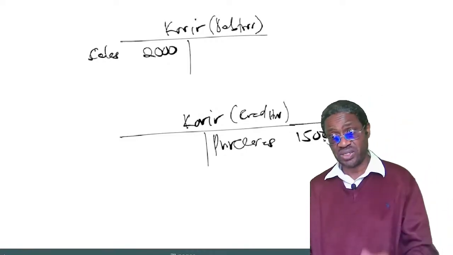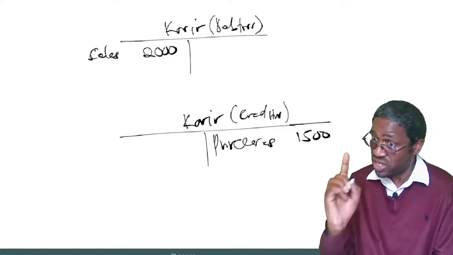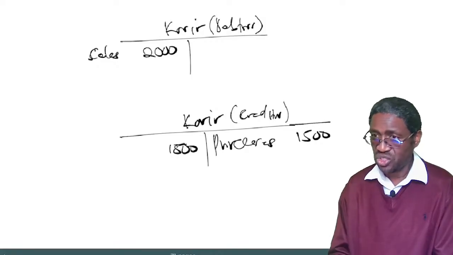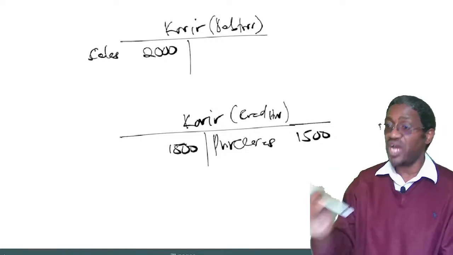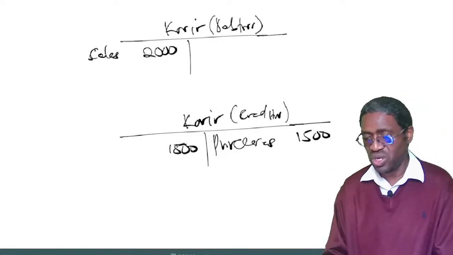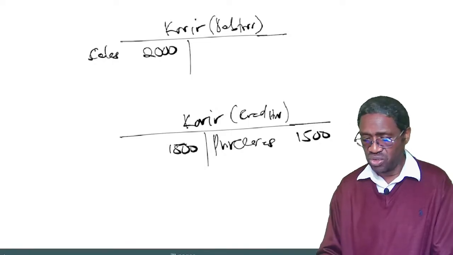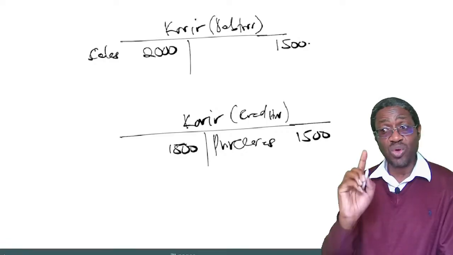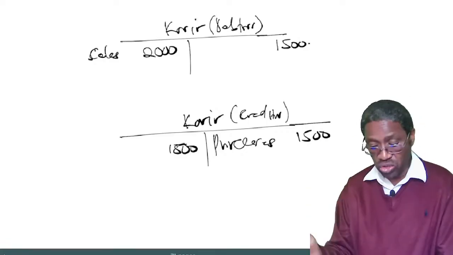But whenever one person is a debtor at the same time a creditor, we offset the two balances. How? By debiting Coril as a creditor that 1,500 to transfer it from the account with a smaller balance to the account with a bigger balance. So you debit Coril as a creditor, and you credit Coril as a debtor. That way you have done what we call a set-off, or you also call it a contra entry.